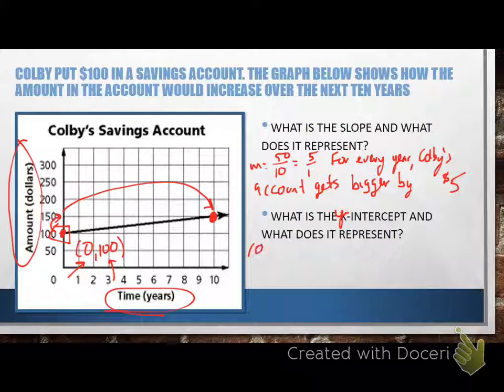So that's why the y-intercept tells us Colby deposited $100. Before the account had time to grow, that's time 0, there's no time for growth, he had $100. So that means he deposited $100. Kind of weird to think about it like that, but that's how the y-intercept works.